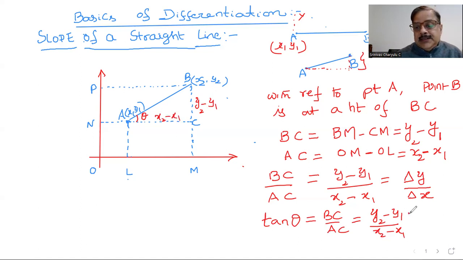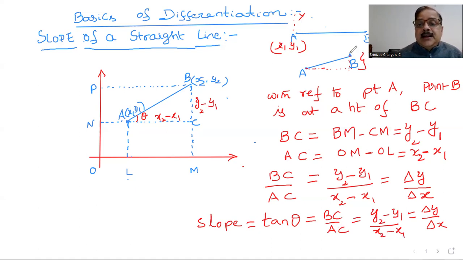So this itself is called delta y by delta x. This is called slope. This ratio is only called slope. Slope of a given line is computed by finding the ratio of the change of y coordinates to the change of x coordinates, x2 minus x1. So delta y by delta x is nothing but the slope.